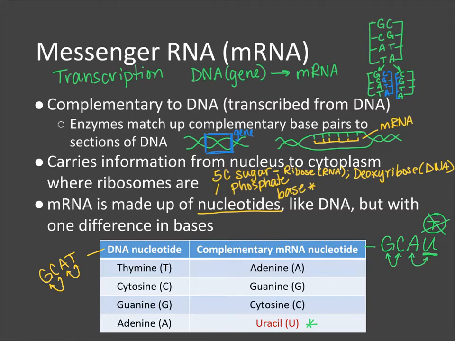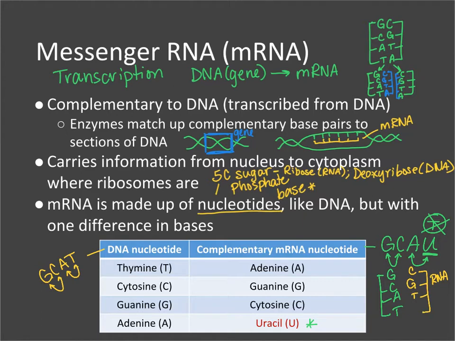instead of T. So if we have a molecule of DNA with the bases of GCAT, in the corresponding RNA, G is still going to pair with C, and C is going to pair with G. Now, if this were DNA over here, which it is not, instead it's RNA, there would be a T here.